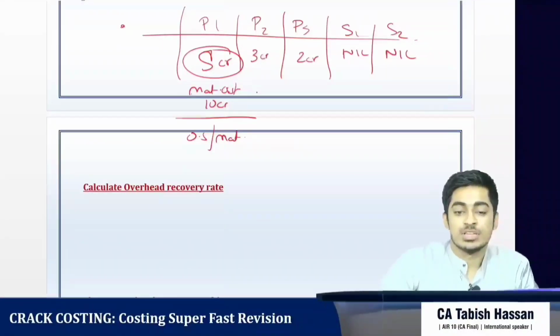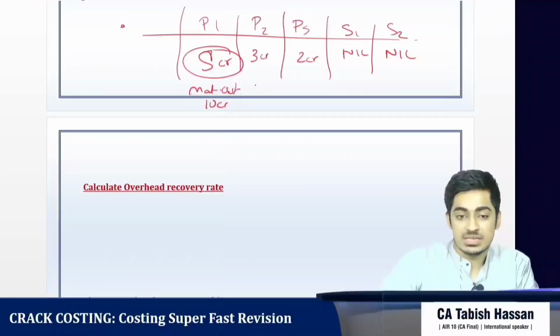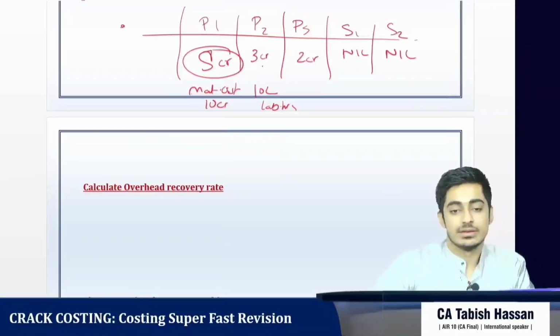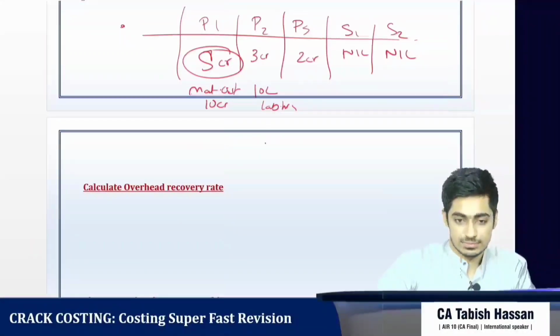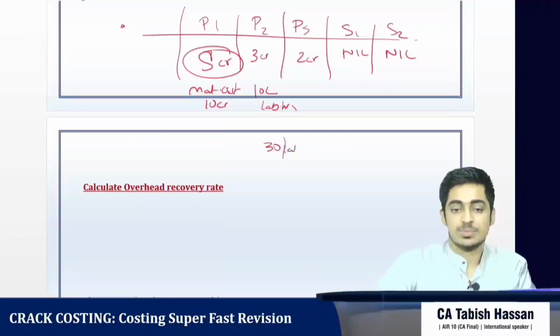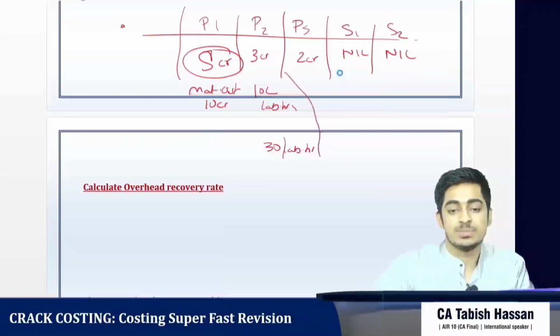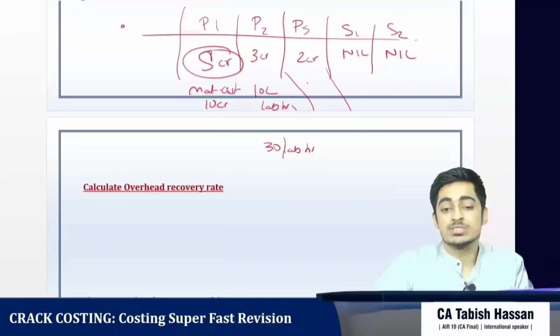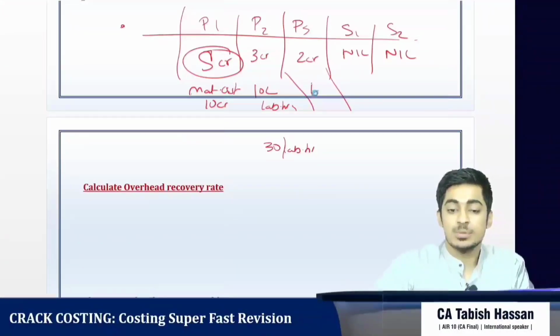For production department 2, it is based on labor hours. Say we have 10 lakh labor hours. So we get it at 30 per labor hour. And for production department 3, we take it based on percentage of labor cost.